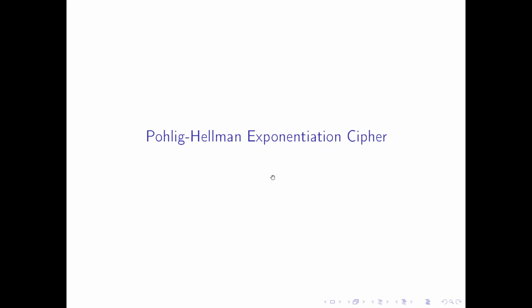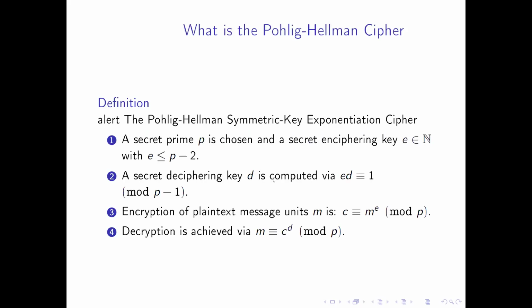All right, so let's talk about the Pohlig-Hellman exponential cipher. So it turns out this is a cipher, but it's actually a symmetric key cipher. Namely, we're going to pick a couple of things, and I'm going to highlight what I want you to notice about this. First, we pick a prime number and a key.